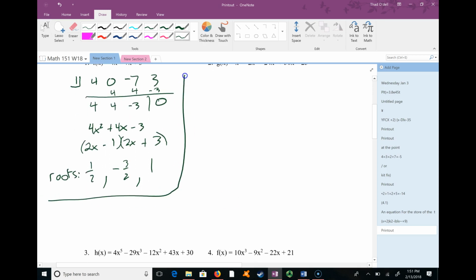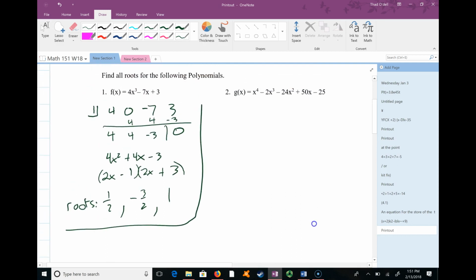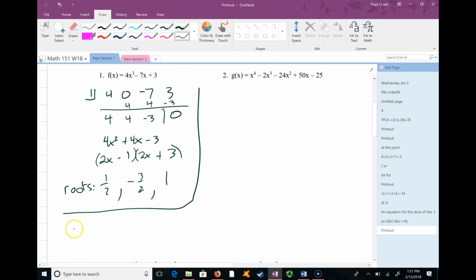So now, that's the roots. That would answer this question. I could have also asked you to write that in factored form. So if you were to write it in factored form, I'd write it as f of x is equal to, and I would just take the different factors.